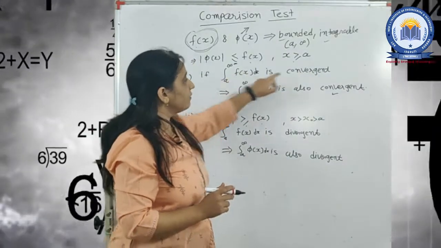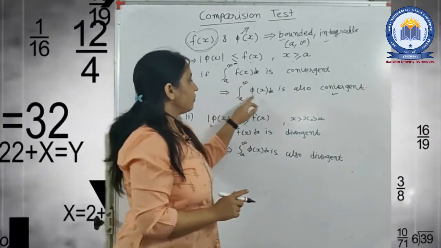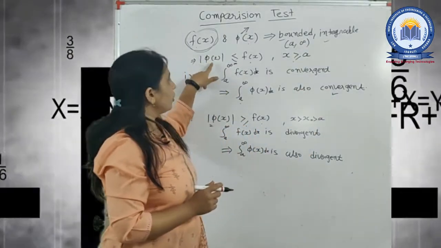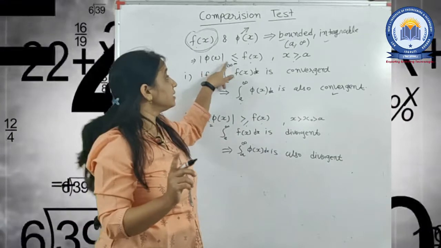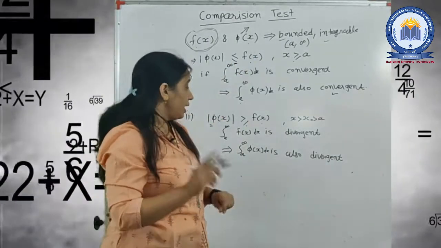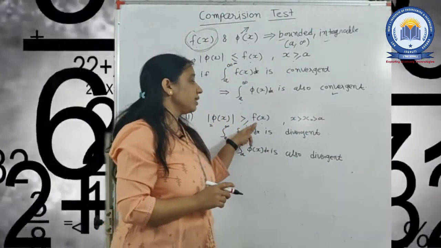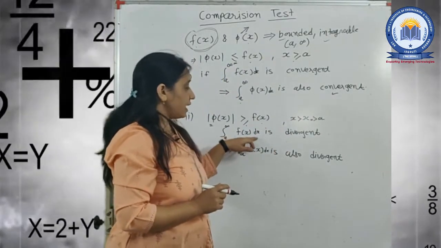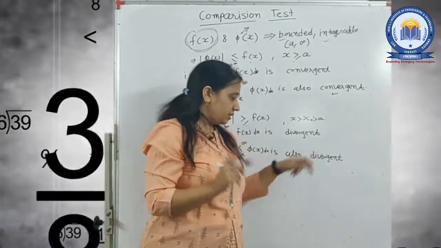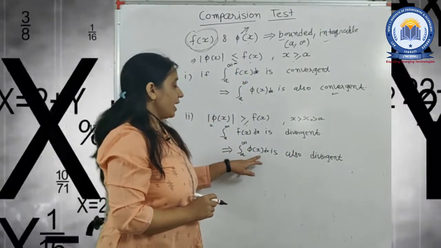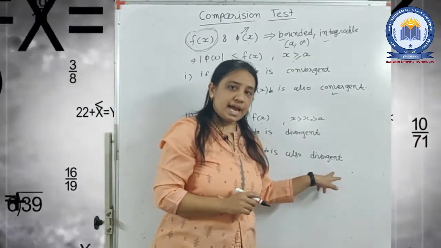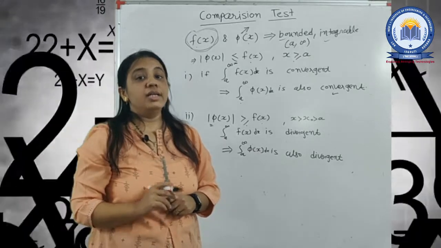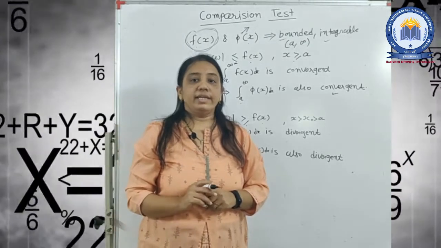If it is convergent, we can say that phi(x) is also convergent, and that is only for the condition phi(x) less than or equal to f(x). If phi(x) is greater than or equal to f(x), and f(x) is divergent, we can say that phi(x) is also divergent. So using the comparison test we can solve the improper integral.